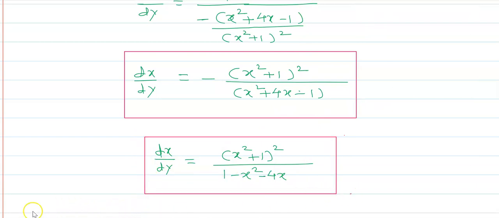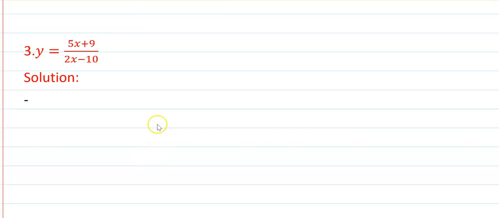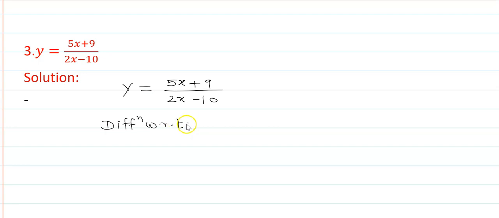Now the next problem, again y is equal to 5x plus 9 upon 2x minus 10. Now differentiate this with respect to x. Therefore, dy upon dx is equal to, what is that?